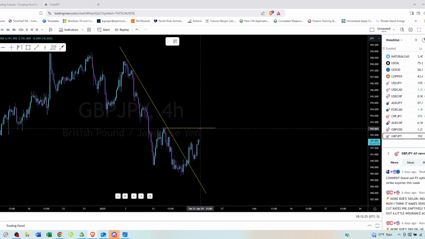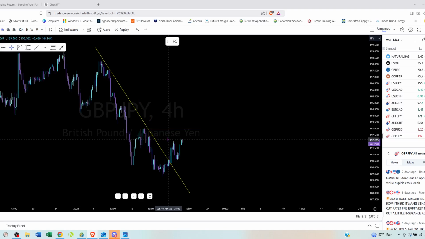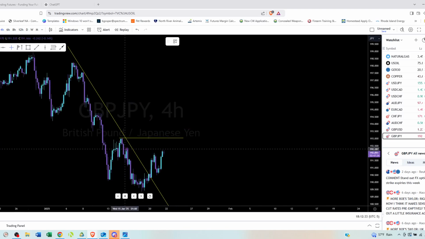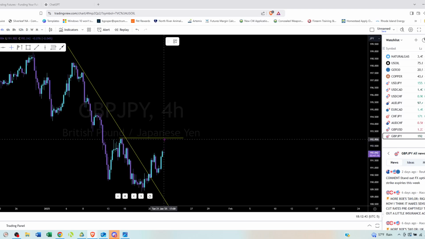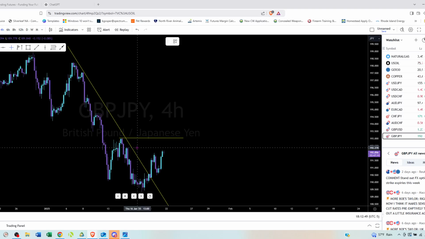But there is room for it to run a little further up. I have my take profit, I showed you, right about at this swing area right here, which is just above where it is now. It's just a conservative target because right above that, we've got some real bearish price action. So I wouldn't be surprised if it goes higher, but again, just for the purpose of my funded account, I'd be happy with that and then wait and see what happens.